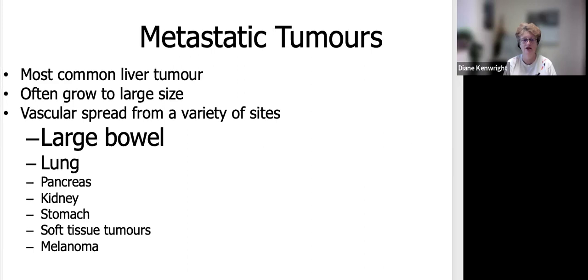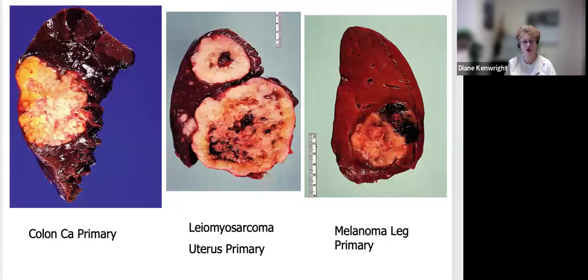The liver loves metastatic tumors. It's the most common malignant mass in the liver, and they come from the large bowel because of the portal circulation, but also other places as well. How do we tell the difference between a metastatic and a primary carcinoma? Well, clinical history is really good.